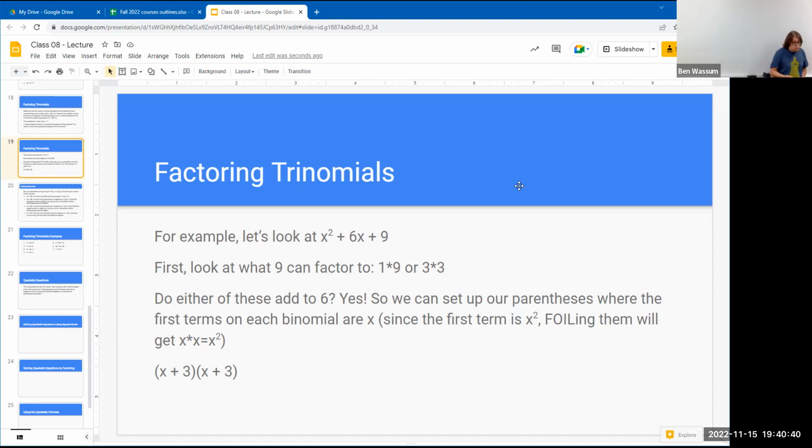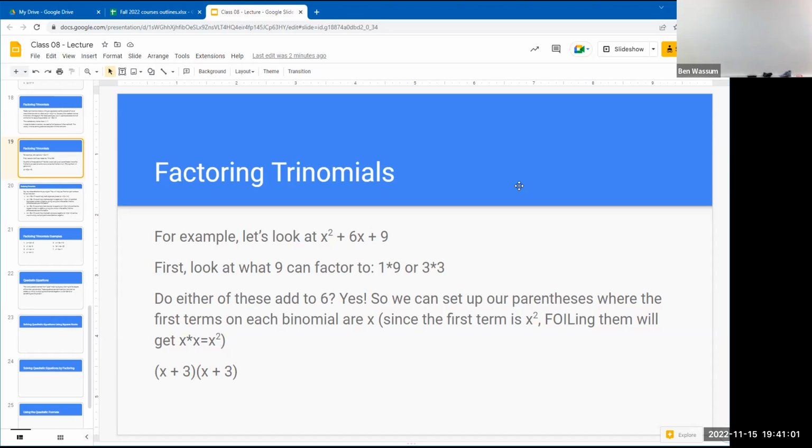Well, if I have a 9, my brain immediately jumps to 3 and 3, right? And 3 and 3 would definitely add to that 6 in the middle. Now, it might not be the first thing that comes to mind. It might be others. So sometimes you end up listing a bunch of factors. That's fine.